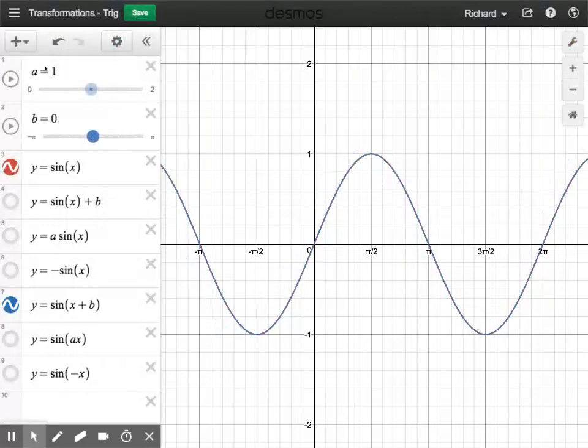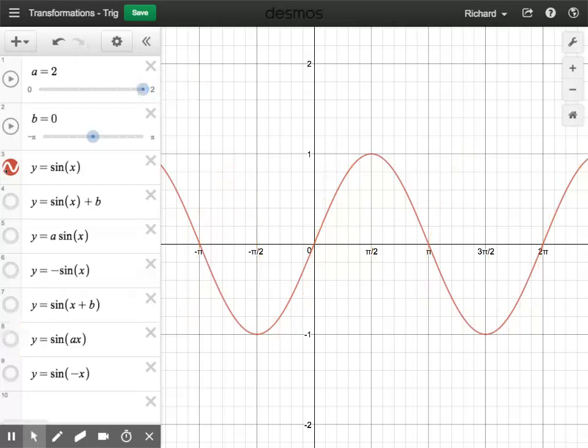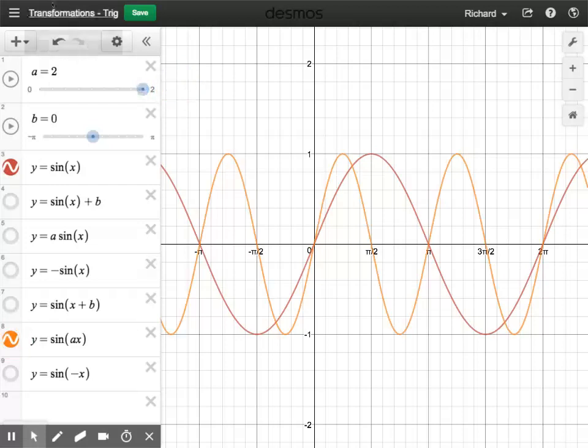and I'll just bring this back to 0 so we're not getting too many things together. So this is orange. Sine of ax is orange. So when I increase a to 2, I wonder if I can just change that color from here. No, I have to configure it.